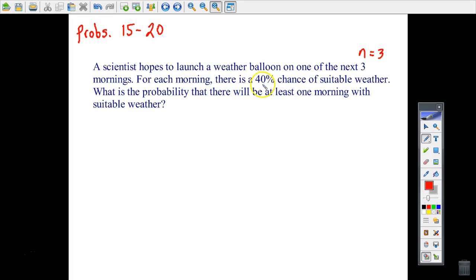For each morning there's a 40% chance of suitable weather. So I'm going to call 0.40, I'll label it as suitable weather. That would be success. And there's therefore a 0.60 chance of not suitable weather.